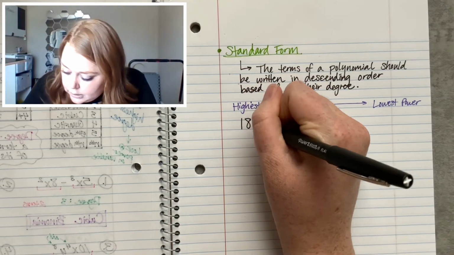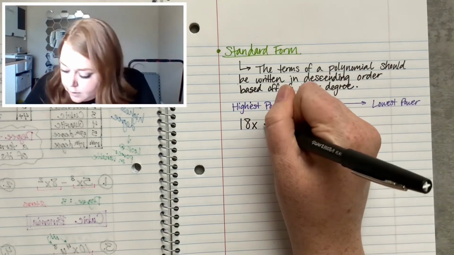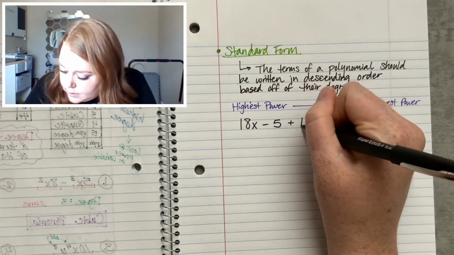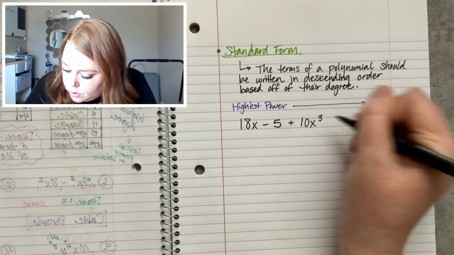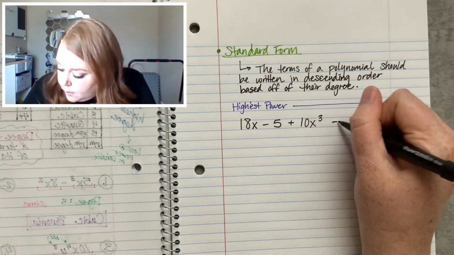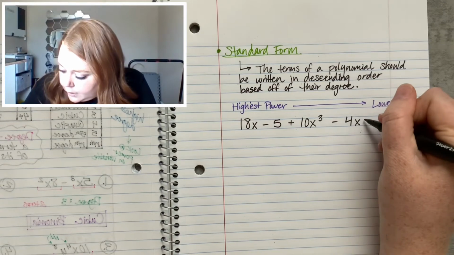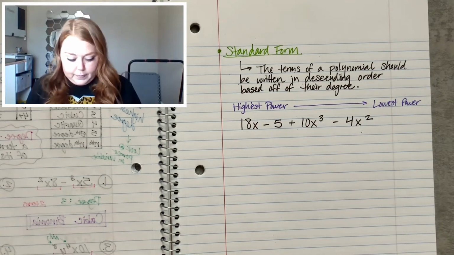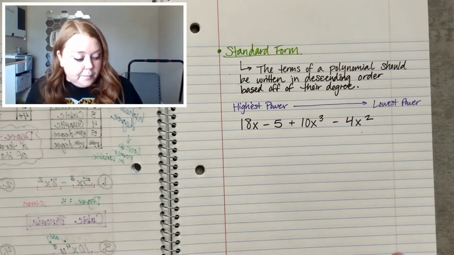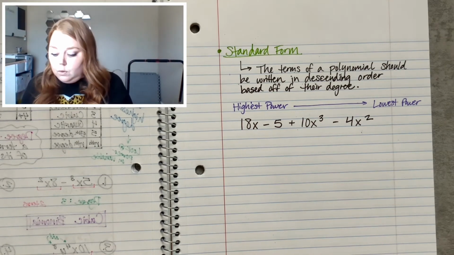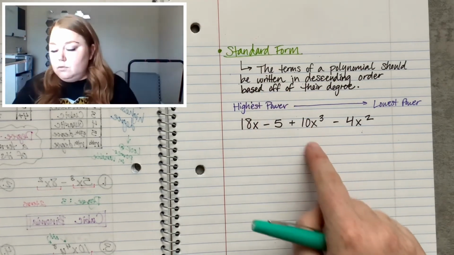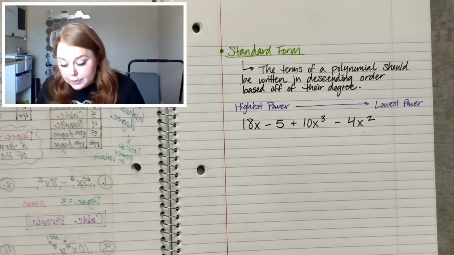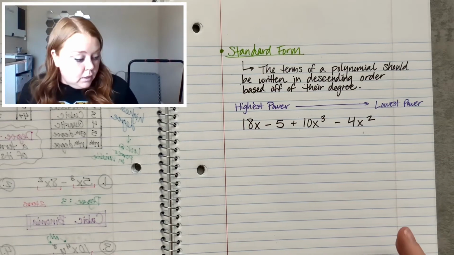We have 18x minus 5 plus 10x cubed minus 4x squared. Okay, so we are focused on writing this in standard form, highest degree to lowest degree, okay?